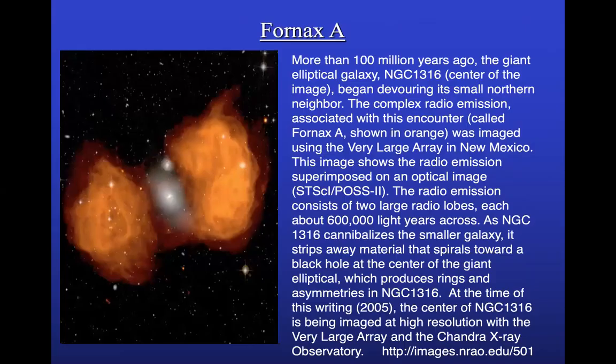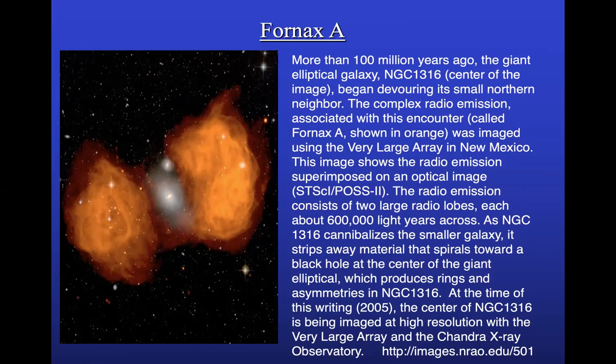And this is one picture that I showed you last time, of the galaxy NGC 1316, which is a combination of different wavelengths taken from different telescopes. For the radio emission, these orange two lobes that you see on the two sides of the galaxy are coming from radio emission, which you have to observe with a radio telescope.